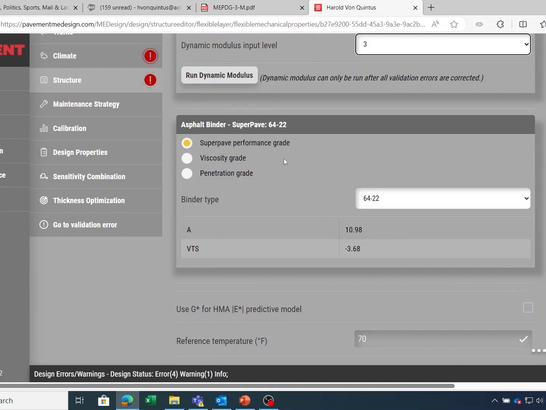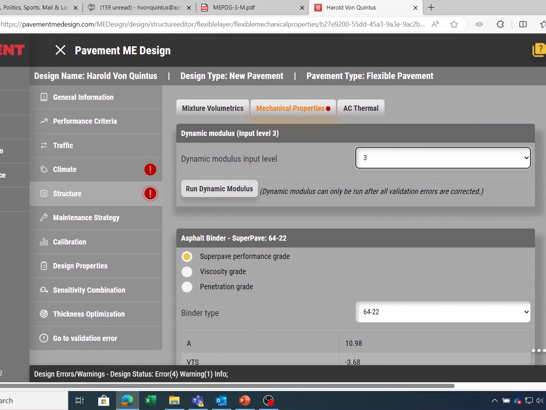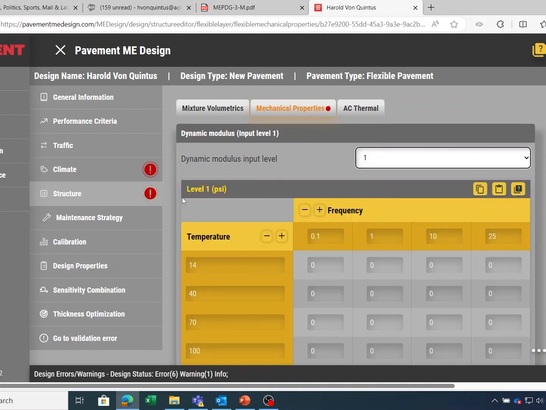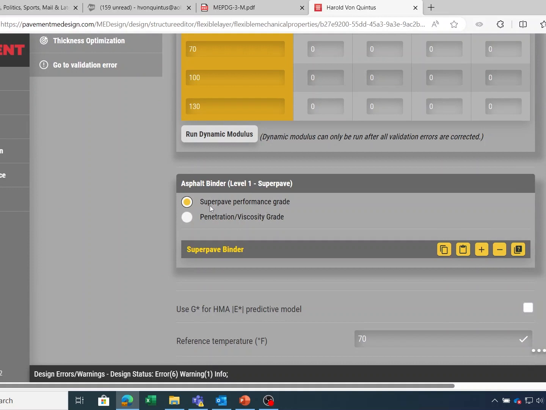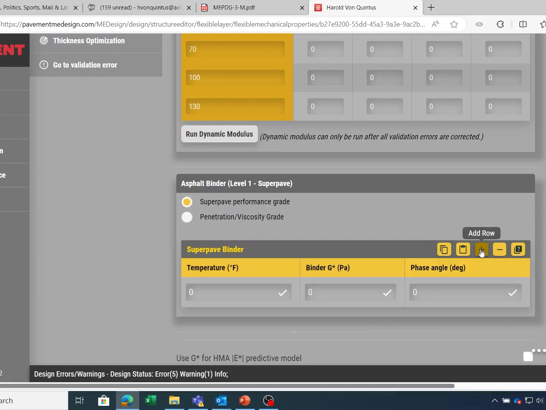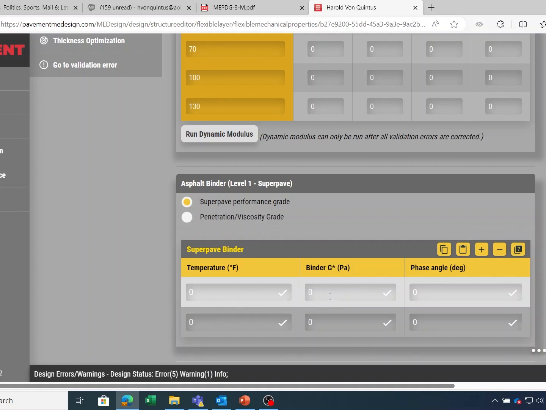And the binder also is consistent with input levels for dynamic modulus. So for input level 1, then for the asphalt binder input level 1, just like it was for the wearing surface, specifying the Superpave performance grade in terms of the temperatures and then the dynamic shear modulus, or from the dynamic shear rheometer, the shear modulus and the phase angle at one or multiple temperatures.